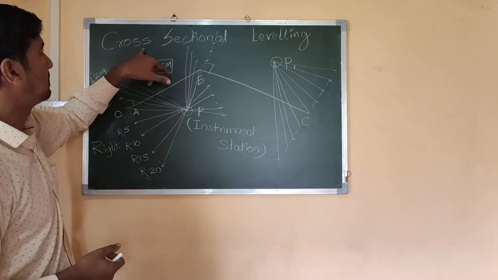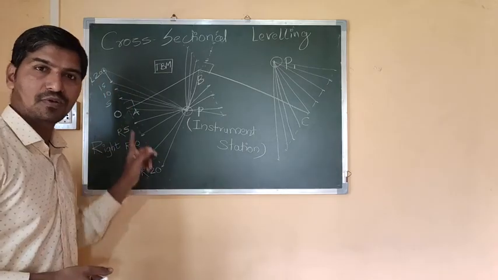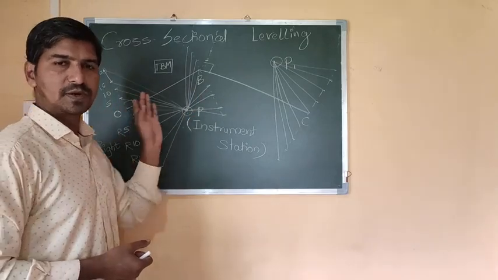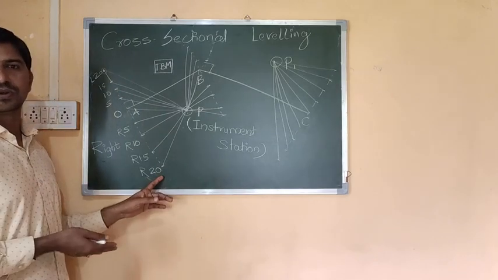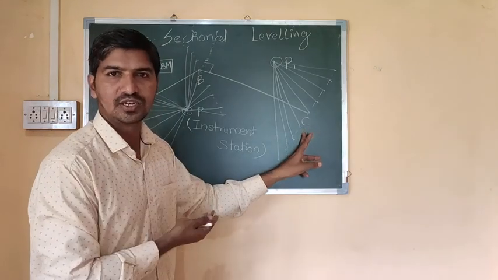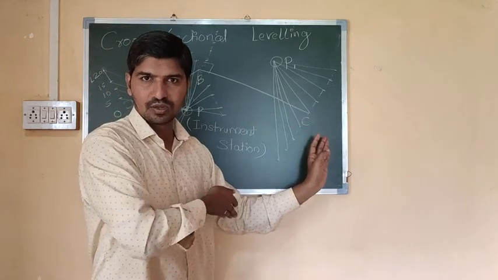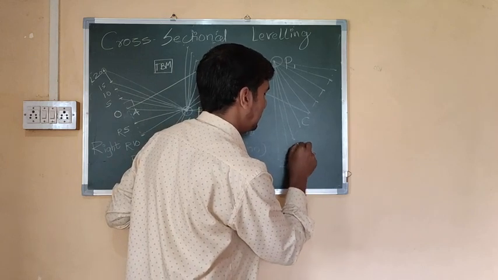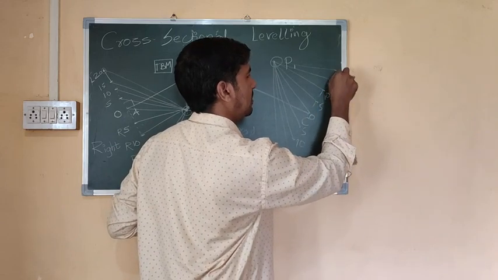So what is cross-section leveling? We take the levels across this particular alignment. You can see AB is my alignment, and in this direction I will be moving. Across the alignment I have taken the levels, so that is cross-sectional leveling. At point B it changes direction towards C, so again I have taken the cross section and divided it at 5 meter intervals: 5, 10, 15 and 20.